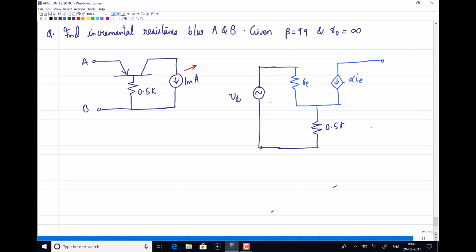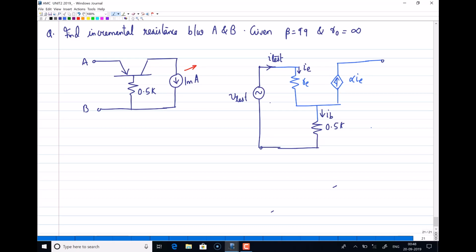I test is the same as IE. This is IB. Sorry, the current direction is the other way. You have a PNP transistor. So this is IC.